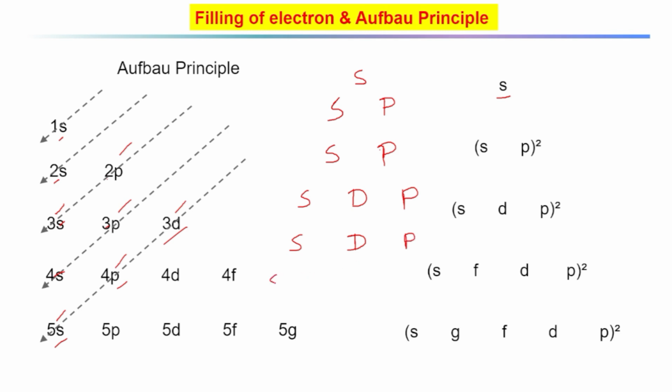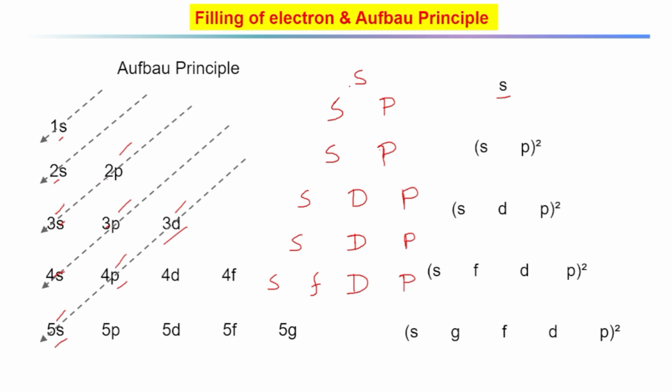So again next I have to write s, then f, then d and p. Similarly I have to write another sfdp, which I am not writing.